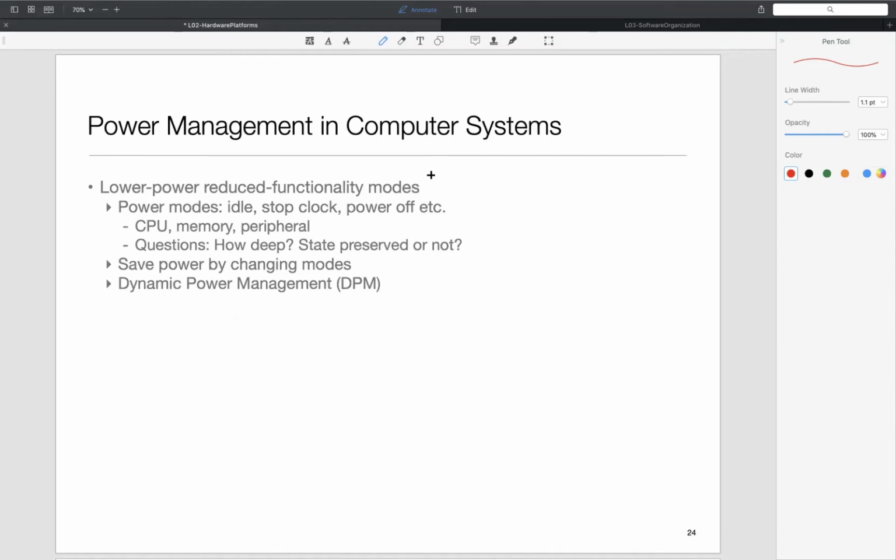So you would see modes where you can stop various parts of the processor, shut down the radio, power off the RAM, things like that. You can shut down different peripherals and save power in exchange for a lower level of performance or a reduction in functionality. Maybe the radio is turned off, for example. This whole area is referred to as dynamic power management.